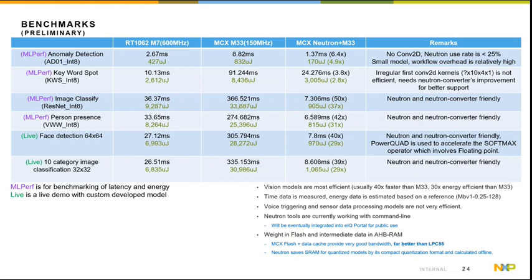And for the anomaly detection, there is no convolution kernel inside that model, and it just uses fully connected layers. So only 1 out of 4 Neutron calculation resource pipelines can be used. So the acceleration is not as much as the image-related AI workloads.